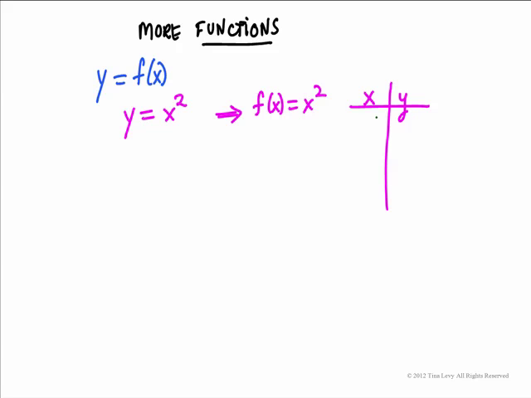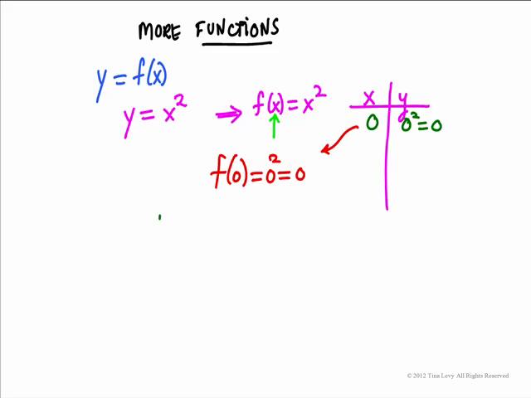If I say x is 0, out comes 0 squared, which is 0. I can write that by saying f of 0 equals 0 squared, which is 0. What goes in here is the x value. What comes out, the answer, is the y value.